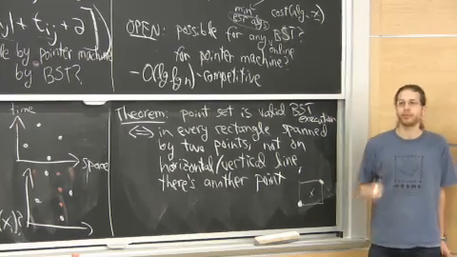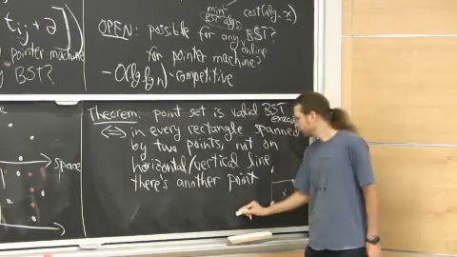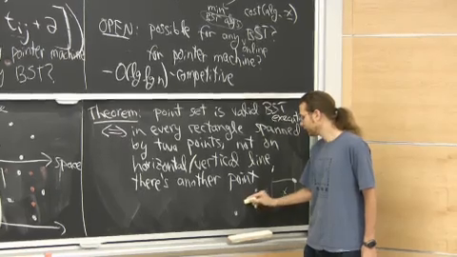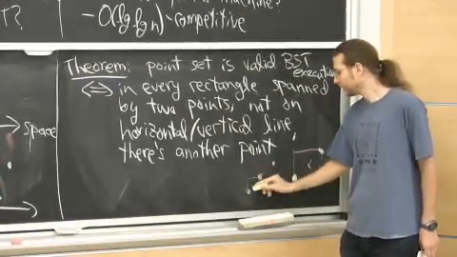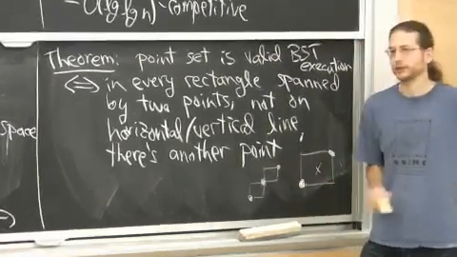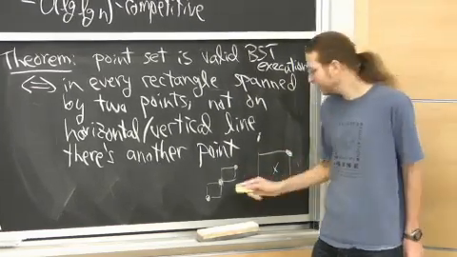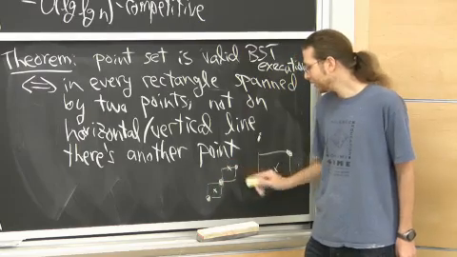Okay, in fact, you can pump this a little bit. So once I find some point, let's say on the interior, then my picture looks like this. Maybe I'll just draw it as a circle. Well, here's another rectangle. That one has to have a point inside it. Here's another rectangle. That one has to have a point inside it. You could keep going until, maybe I put one here. Maybe I put one here.